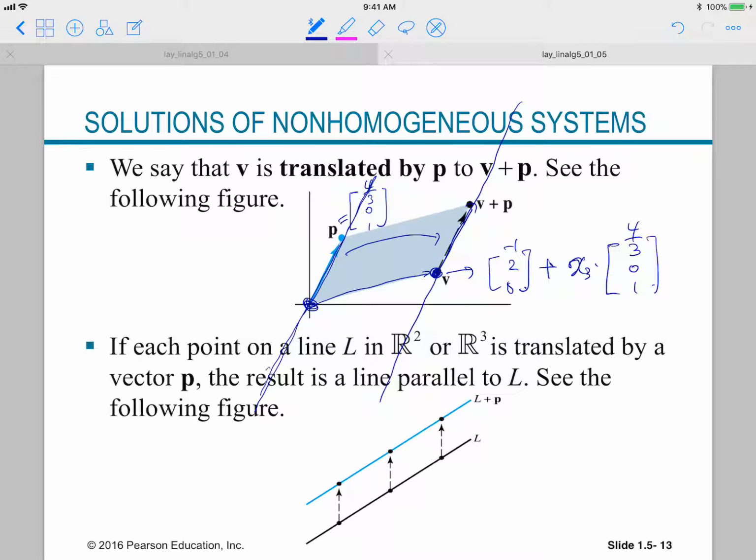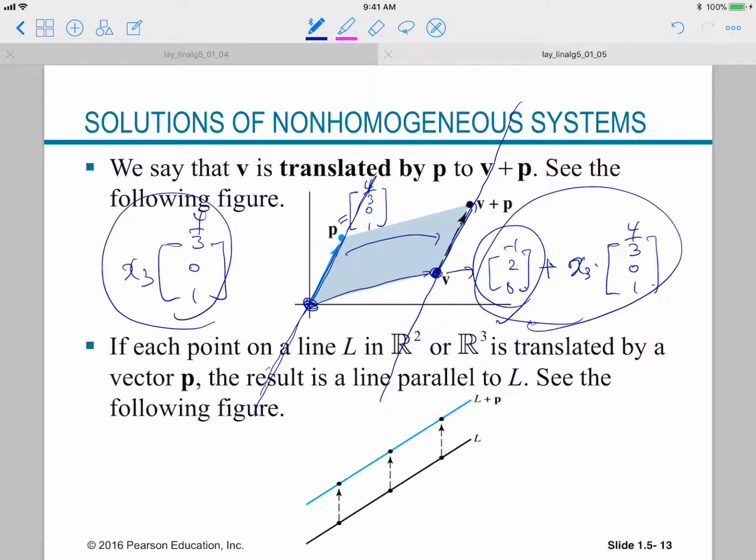Okay, so again, comparing this form and this form, this is the only difference, and it works like shifting or moving our origin to a new point.